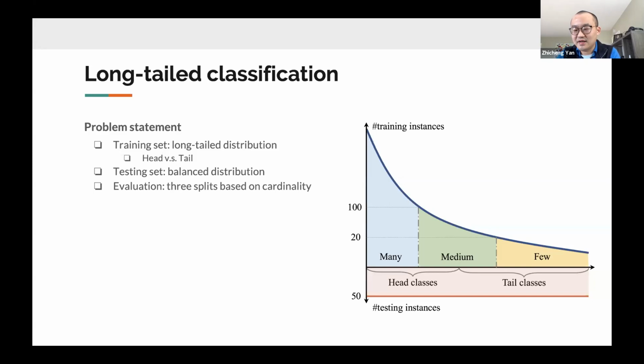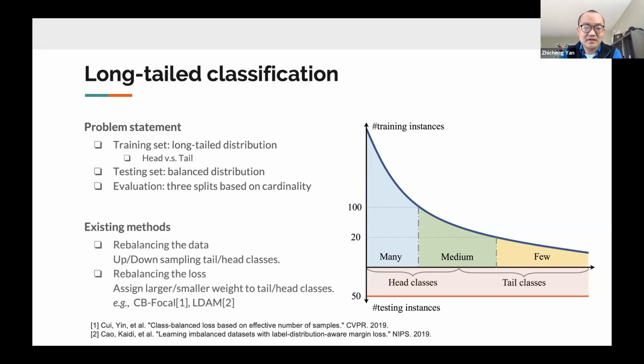In the test sets for evaluation purposes, we have a balanced distribution, which means we want to achieve high performance over all the classes rather than just focusing on the head classes only. Existing methods basically take 2 approaches to solve this problem.